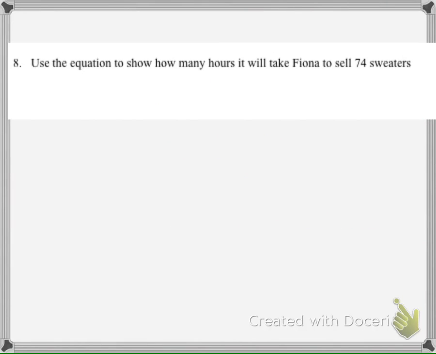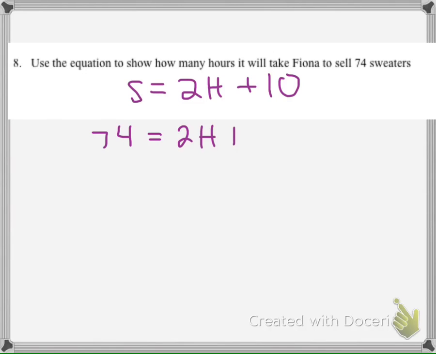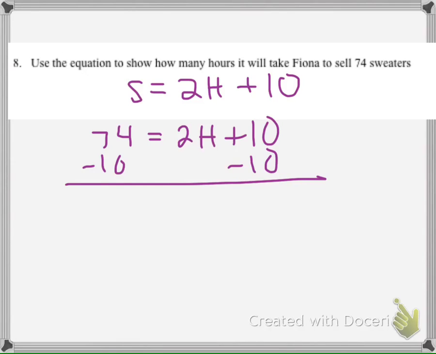Okay, number 8 says use the equation to show how many hours it will take Fiona to sell 74 sweaters. So I have my general equation, and it's giving me sweaters, 74, which is the S, so I'm going to replace S with 74. And I'm solving for hours, solving for H. So I'm going to subtract 10 on both sides to get H by itself. 74 minus 10 is 64 equals 2H.